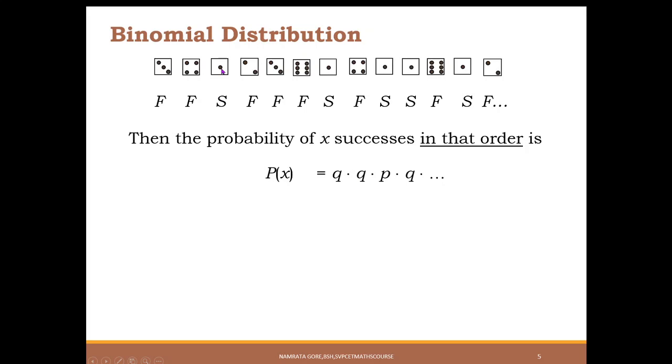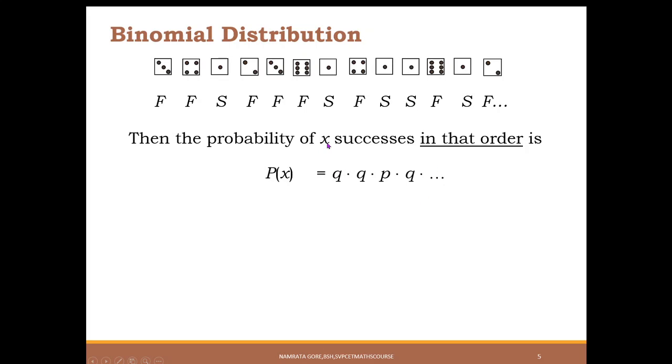Here we are getting 1 on the face and therefore this is our success, and so here the probability of success is P. For this failure, the probability of failure is Q. So here we will get Q, again Q, here we will get P because again 1, so success. Here again Q, P, P and so on.